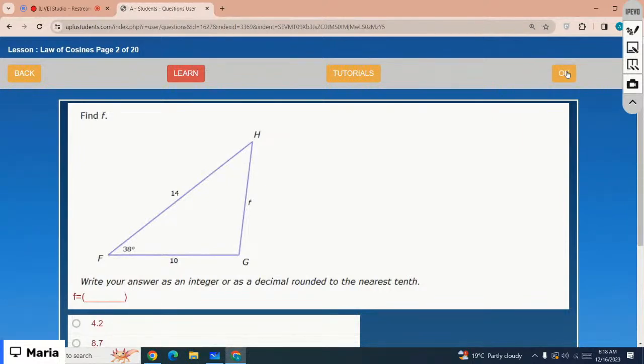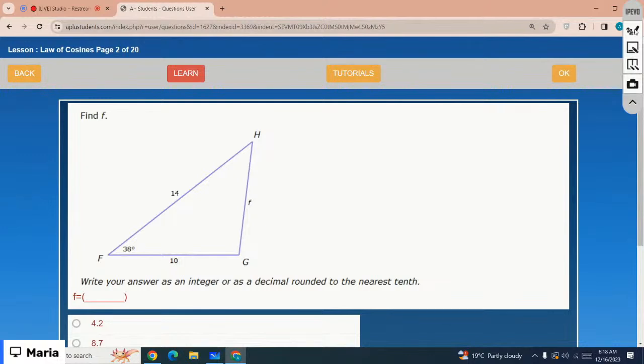Find f. You need to calculate the value of f. You are given two of the sides and the angle between them. You are given angle f also, right? Okay, so let's just see the angle.